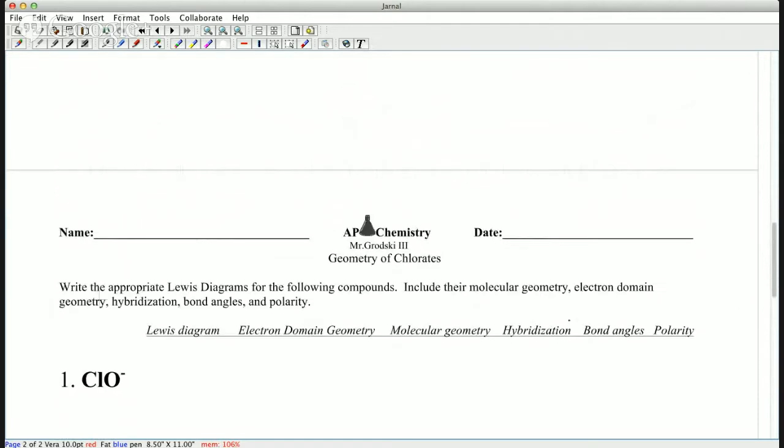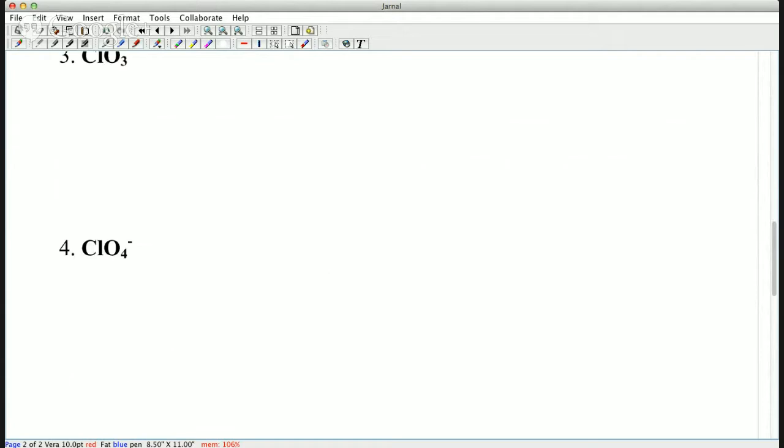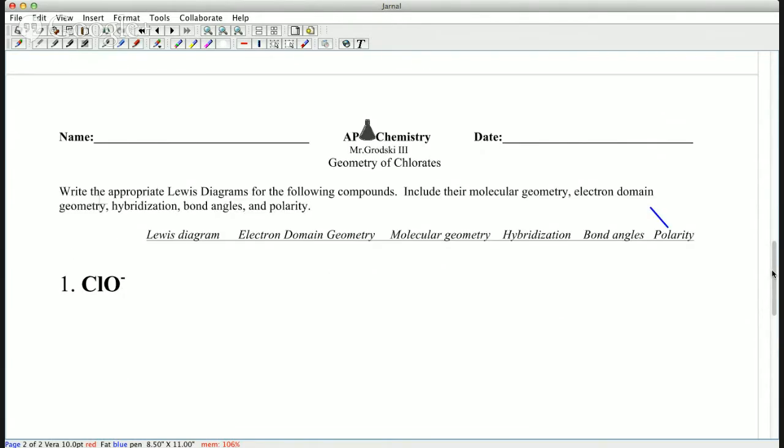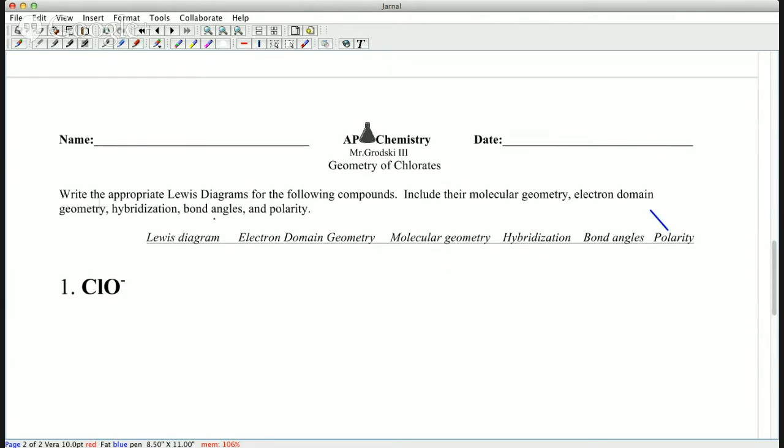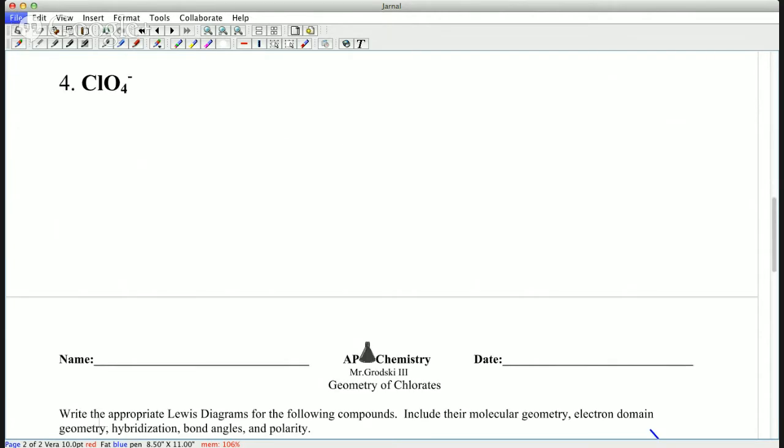Now we've got some issues here. Let me reload it again, I think. Bonding 3 and illustration. Okay, good. Here we go.